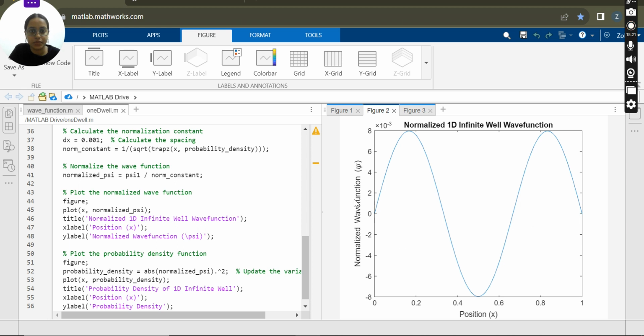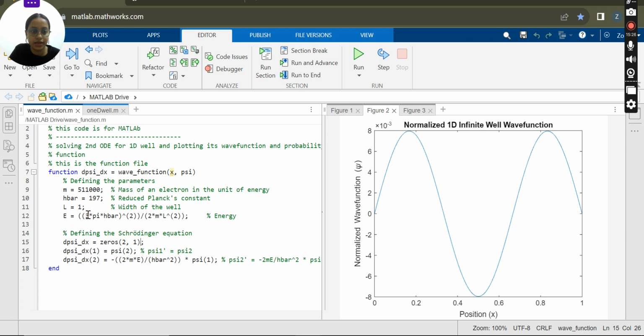Note that this is for the second exercise, because here I have kept n equal to 3.